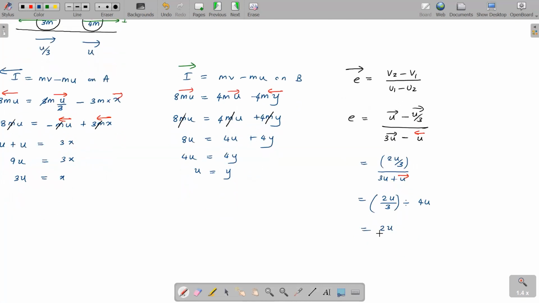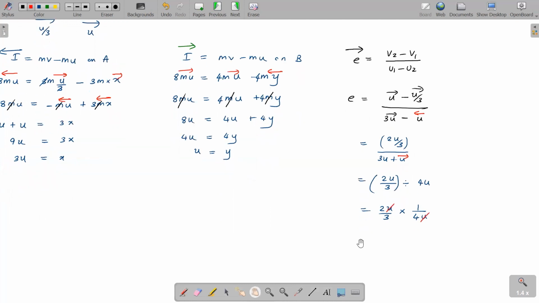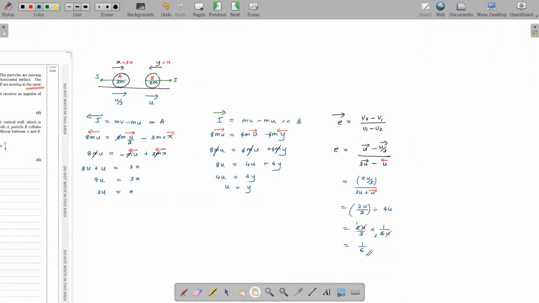So I get here 2U over 3, division to multiplication, and it's 1 over 4U. U and U cancel, and I get here what? 2 times 1, 2 times 2 is 4, and I get 1 over 6. Okay? This is clear. This is the answer for part A.